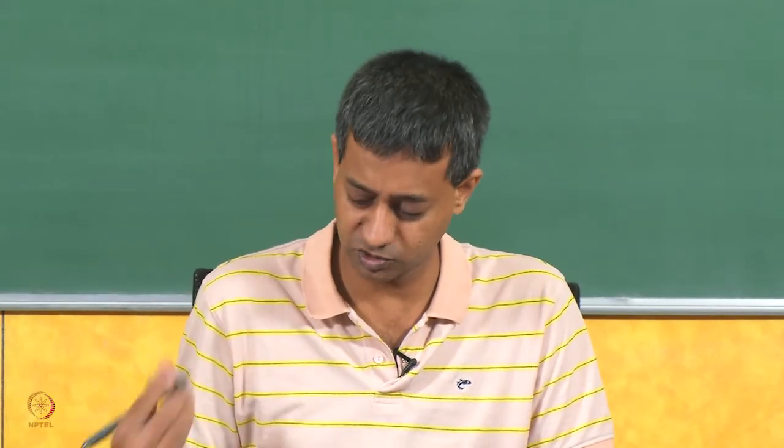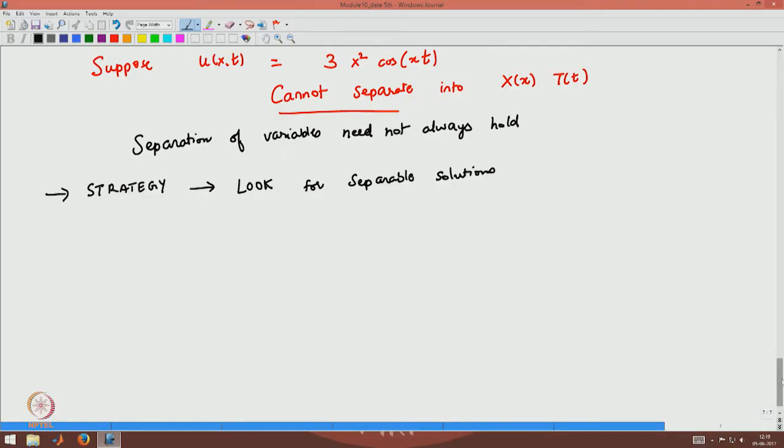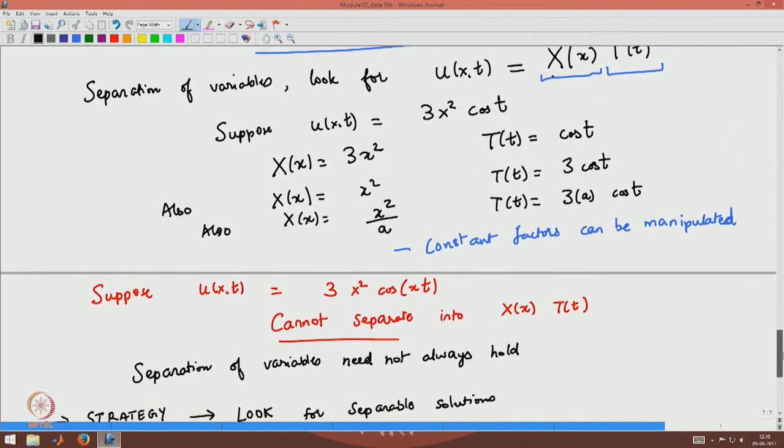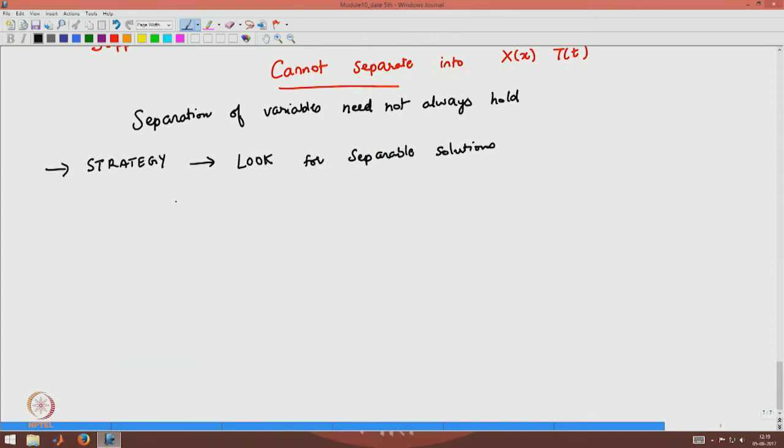With this strategy, now let us go to the wave equation. If you have u(x,t) equal to X(x)T(t), then the first thing you will say is that ∂²u/∂x² is equal to T times the second derivative with respect to x, that is d²X/dx².